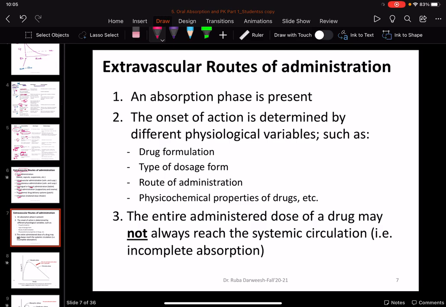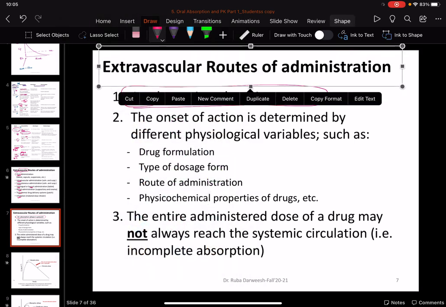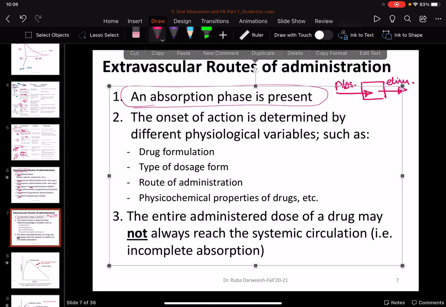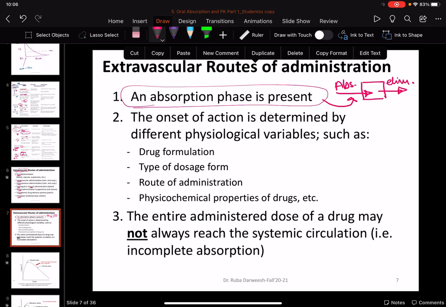When we are talking about extravascular route of administration, we will have one kinetic process that is extra compared to the IV, which is the absorption. So if we are talking about a one compartment model, we have this, which was related to elimination, as we know already, and we have this, which is related to absorption, which is a new process because we are talking about extravascular. So we have the absorption.